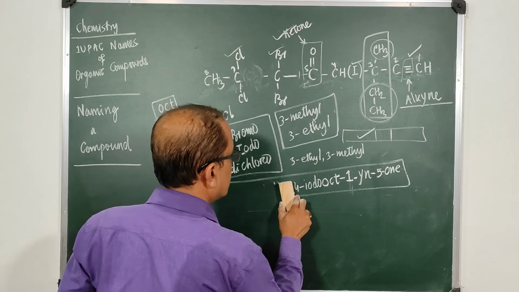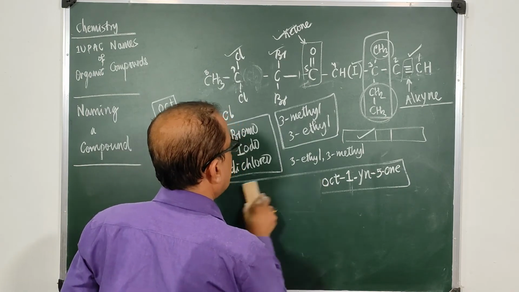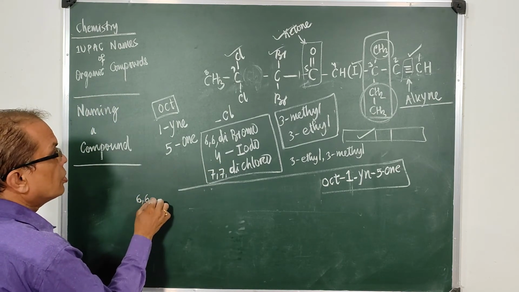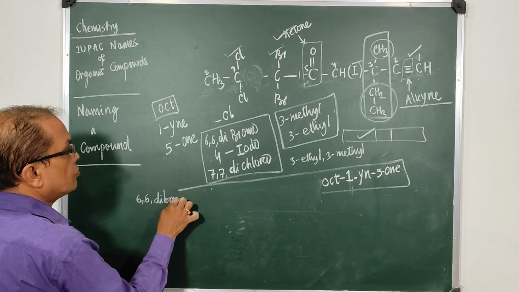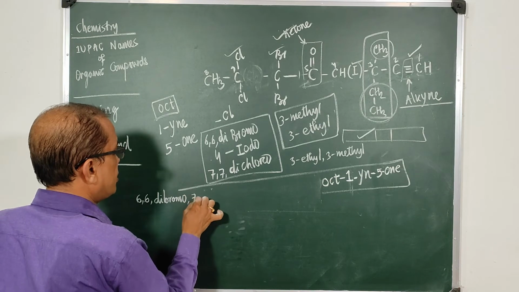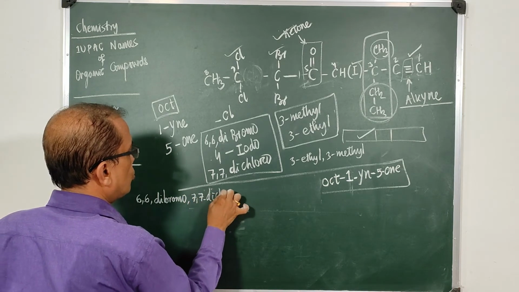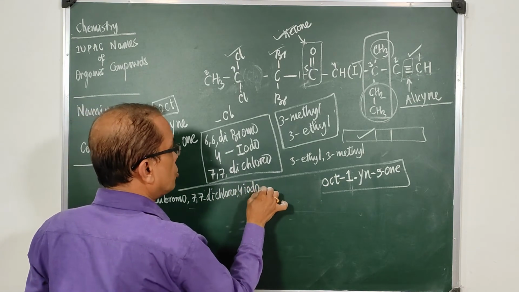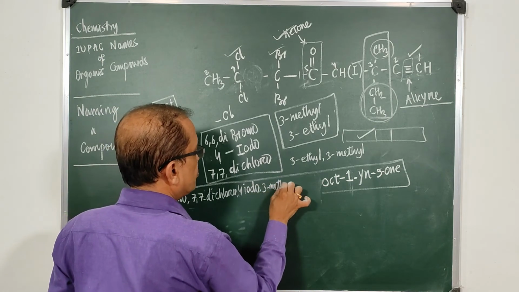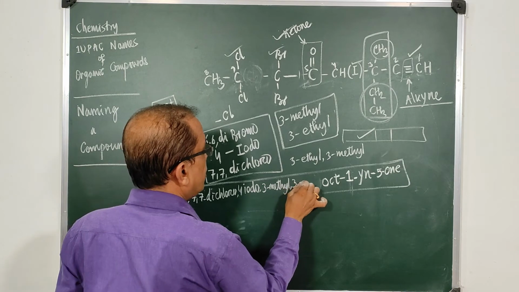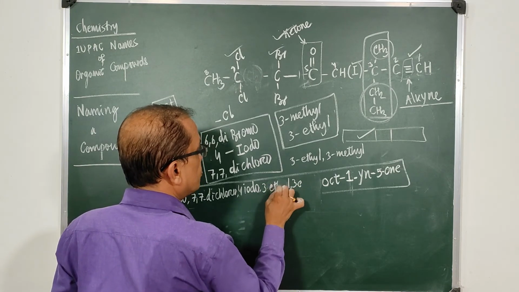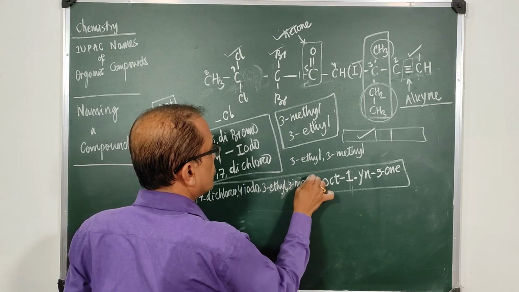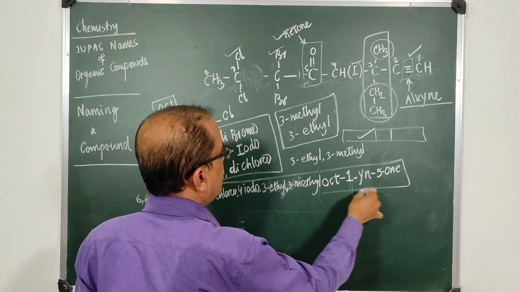So now the name starts with 6,6-dibromo, 7,7-dichloro, 4-iodo, 3-methyl, 3-ethyl, 3-methyl, oct-1-yn-5-one.